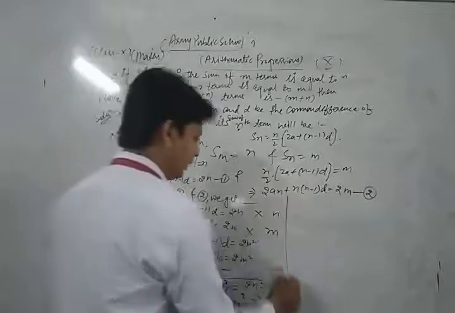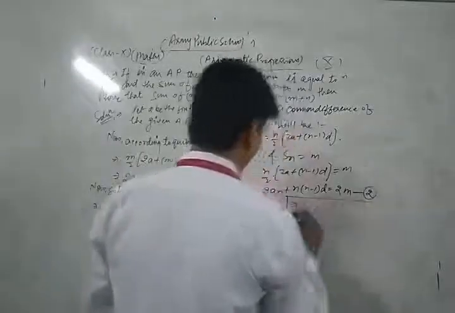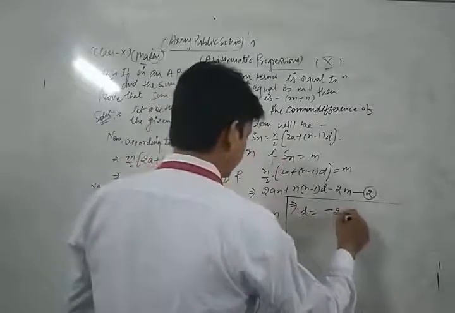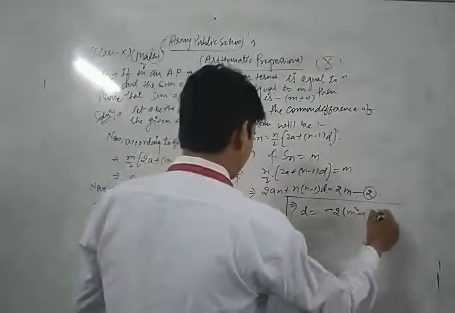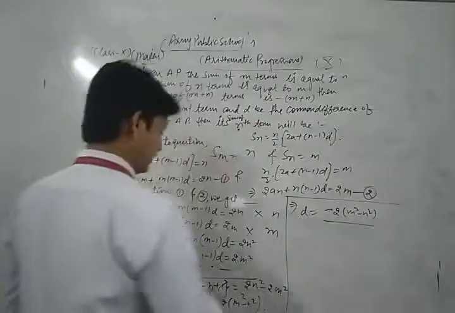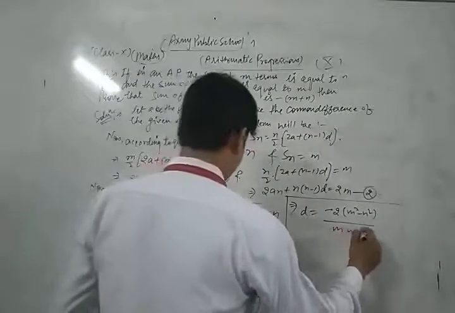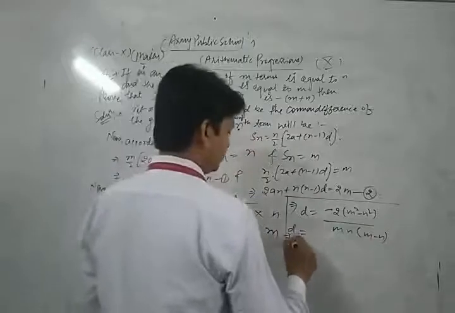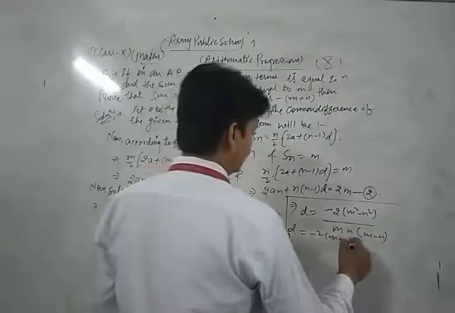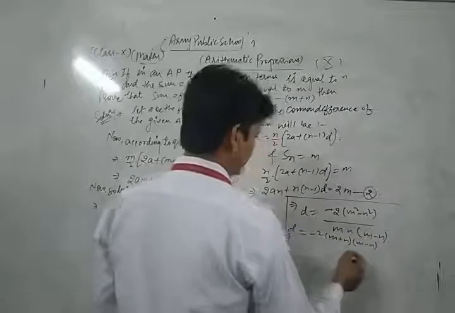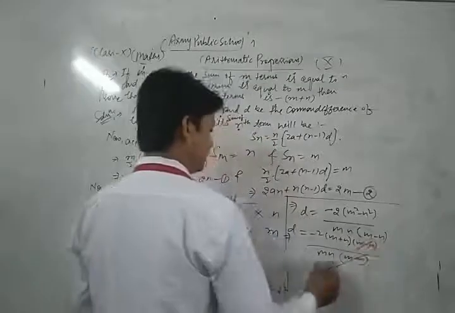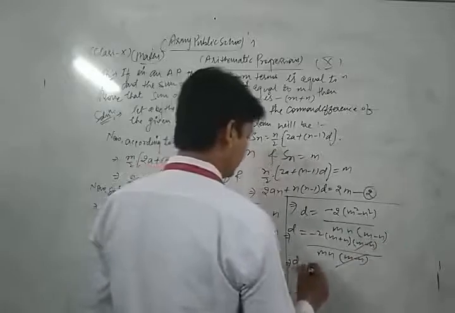Now let's see. This one we get mnd is equal to minus 2 (m square minus n square) upon, this is mn in bracket (m minus n). Now we write d is equal to minus 2 (m plus n) into (m minus n) upon mn (m minus n). m minus n cancel together, so d is equal to what?